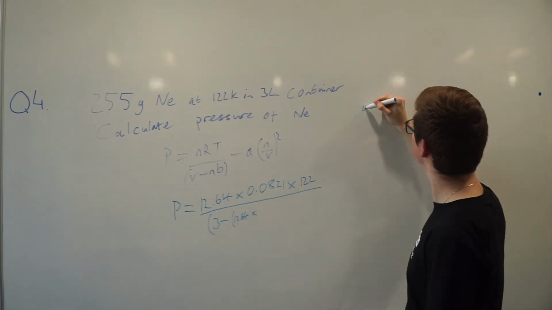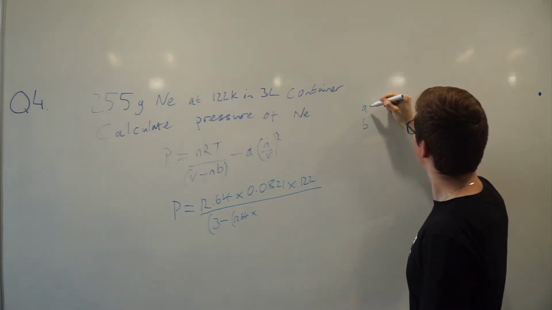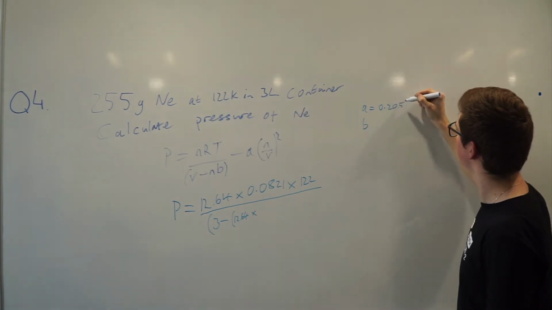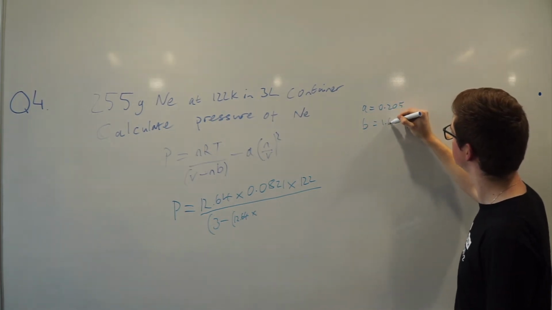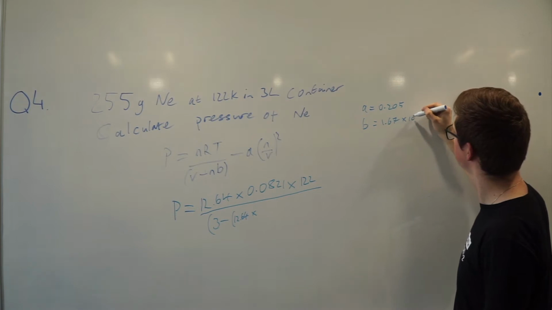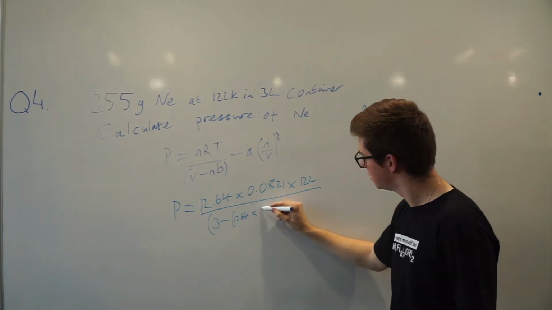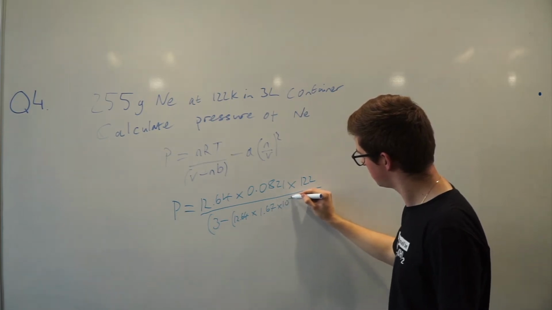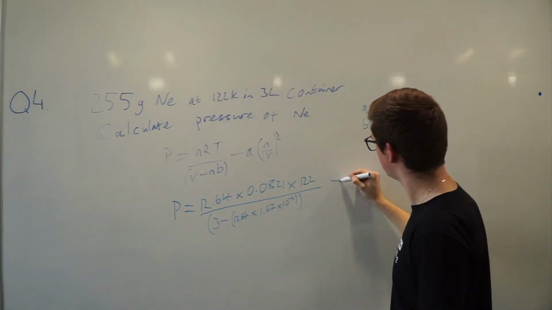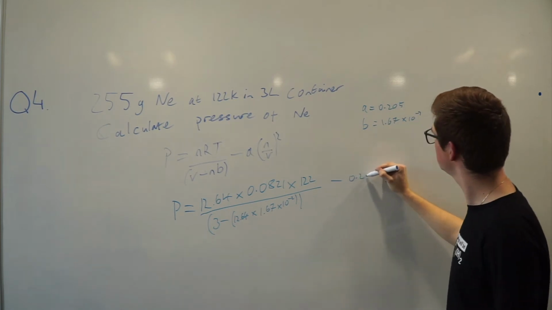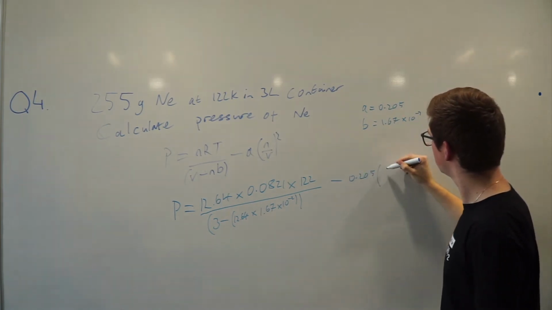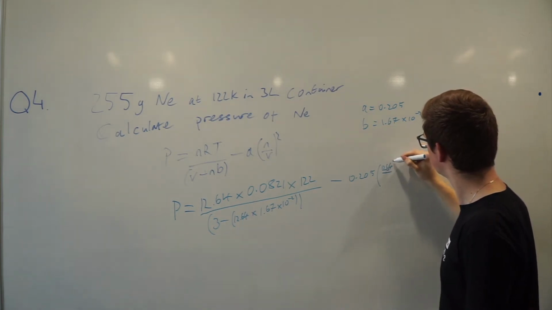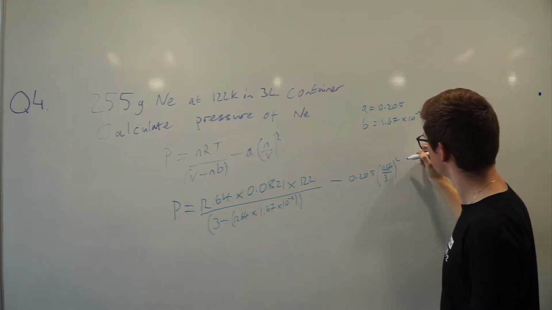Thankfully, we know what a and b are. We've been given them. Now a is 0.205 and b is 1.67 times 10 to the minus 2. So you can put that in here, minus 0.205 multiplied by 12.64 over 3, all squared.